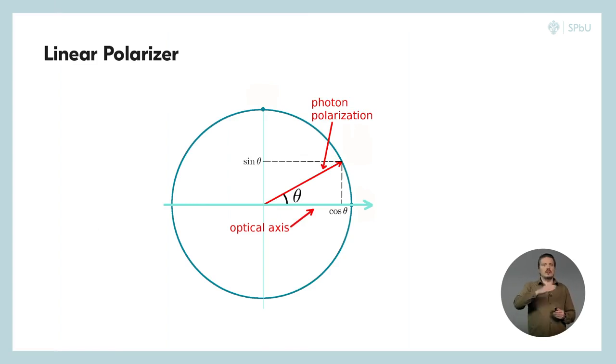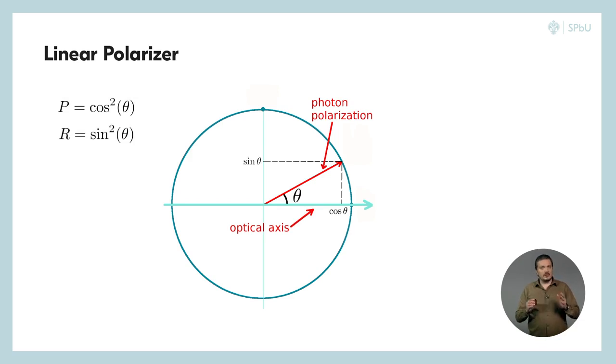It is not collinear to the optical axis and not orthogonal to it. And let's imagine that this wave is represented by just one photon, which means it cannot partly pass and partly reflect. It must either pass or reflect, since it is just one photon, and it cannot be divided into parts.